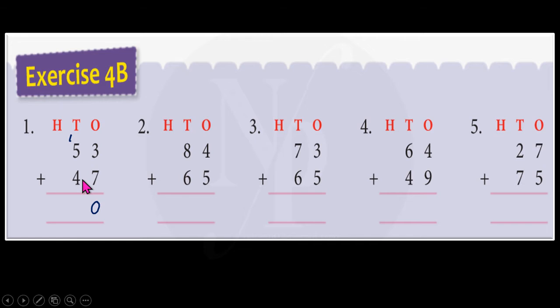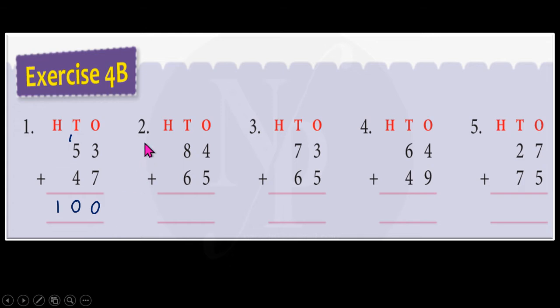Right? So we can regroup 10 tens as 100 and 0 tens. So therefore, the sum of 53 and 47 is 100. When 47 is added to 53, we get 100 as sum.